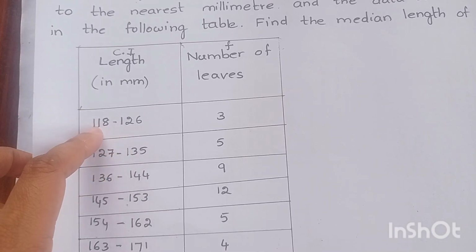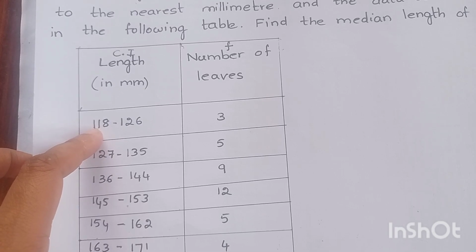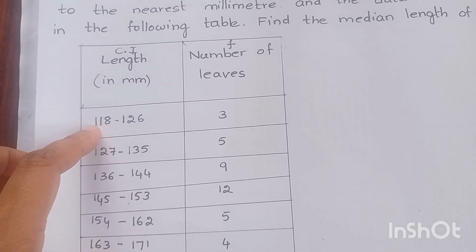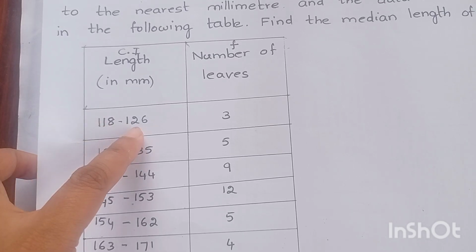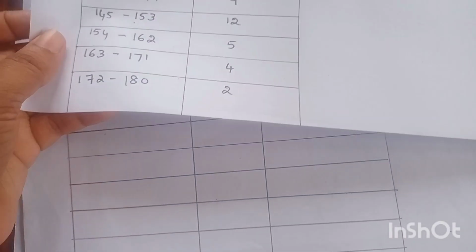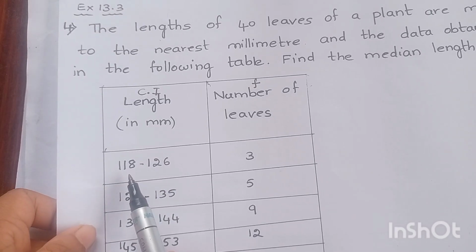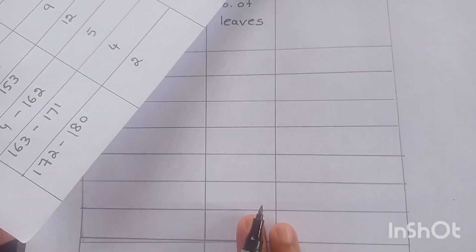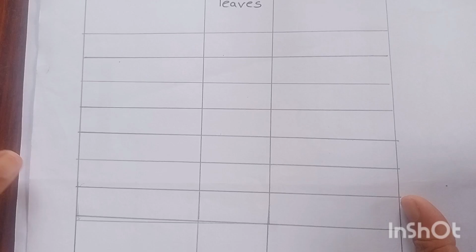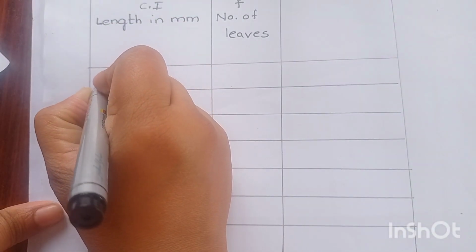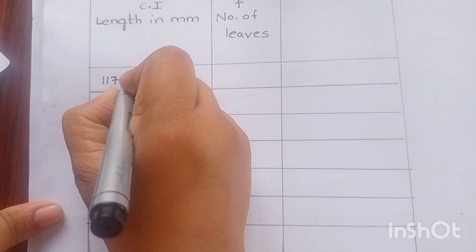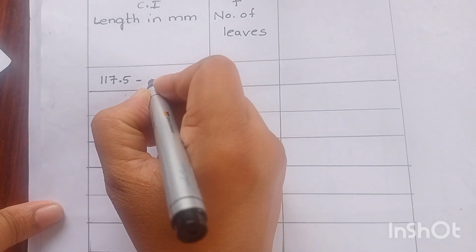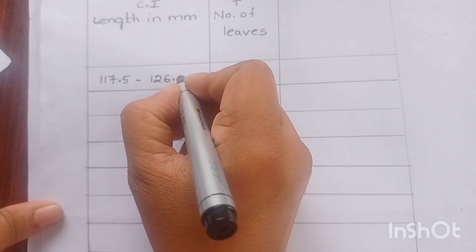Okay. So here, 118 minus 0.5 is how much? 117.5. And 126 plus 0.5 is how much? That is 126.5. Like this we have to do the arrangement. Now look at this. 118 to 126, what will it become? 117.5 to 126.5.